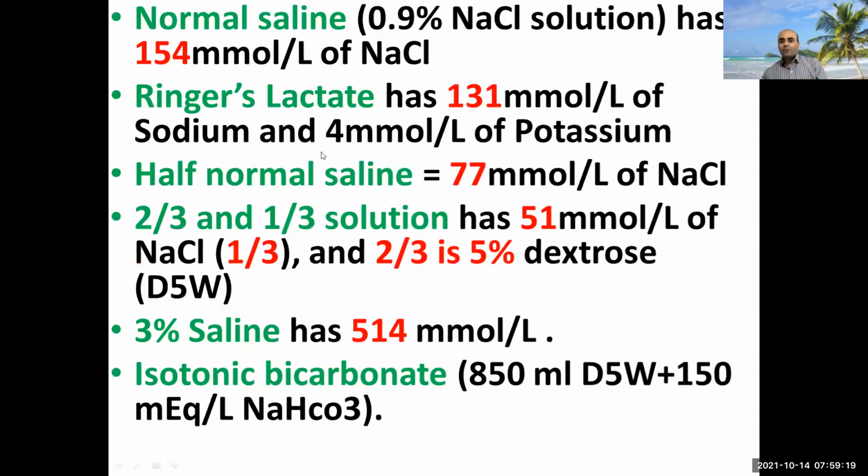Just to remind you, normal saline is the most common question. Normal saline 0.9% contains 154 millimole per liter of sodium. Ringer lactate contains 131 millimole per liter and 4 millimole of potassium. Half normal saline contains 77 millimole per liter.